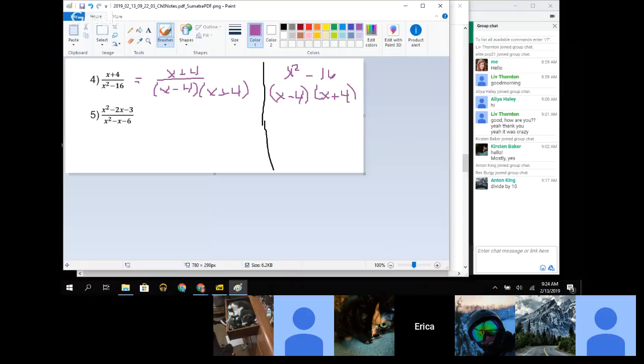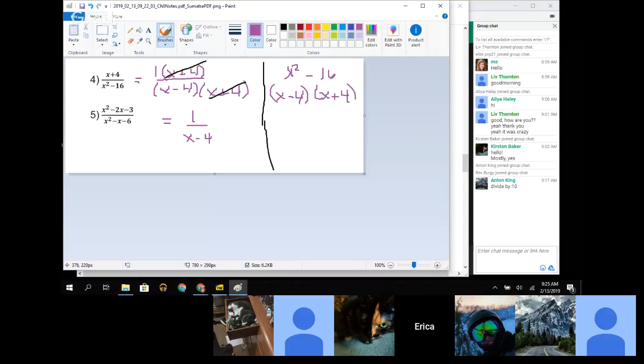Well, I have two things multiplied together in the bottom. I don't have anything multiplied in the top. But in your head, you could think of this as this times 1, right? We're allowed to do that. So if I do that, then x plus 4 and x plus 4 cancel each other out, and I'm left with 1 over x minus 4.